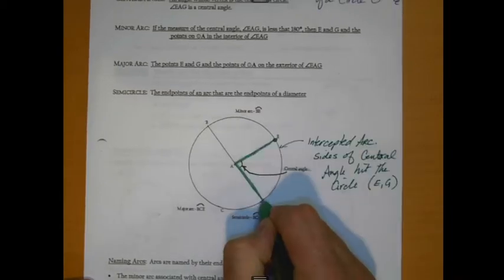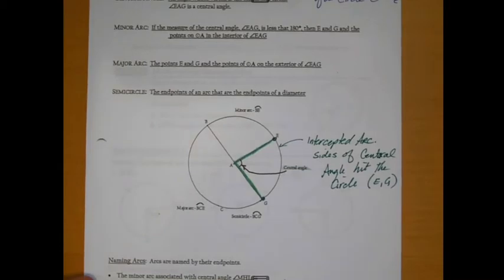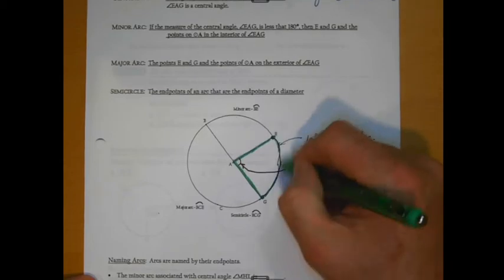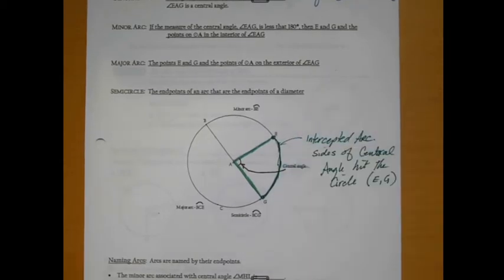Okay, so it's going to hit at points E and G. This arc from there to there is going to be your intercepted arc. Now, there's a certain and special property that goes along with the intercepted arc when you have a central angle. What we are going to say is that the central angle is the same as the intercepted arc.